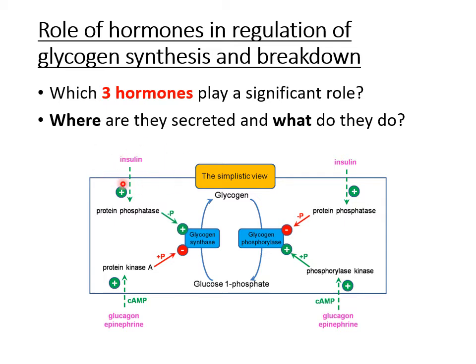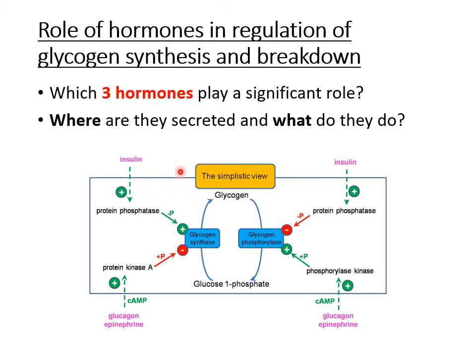Now, if you have a whole lot of glucose in your blood, think logically, well, what are you going to want to do? If you just have massive amounts of glucose in your blood, that's going to be a problem. So if blood glucose is high, you're going to want to store that. And what's the stored form of glucose? Well, glycogen.